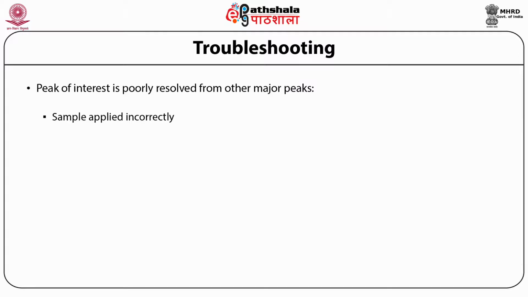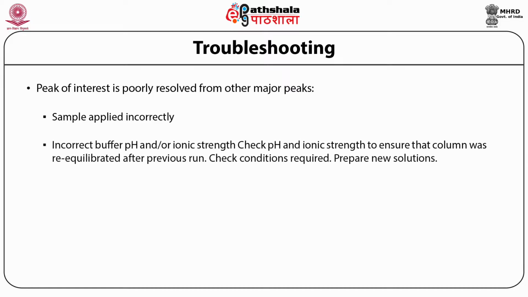Second, the use of incorrect buffer pH and or ionic strength. So now we should again check the pH and ionic strength of the buffer so as to ensure that the column was re-equilibrated after previous runs. We should check the conditions if required, and if needed, new solutions should be prepared.